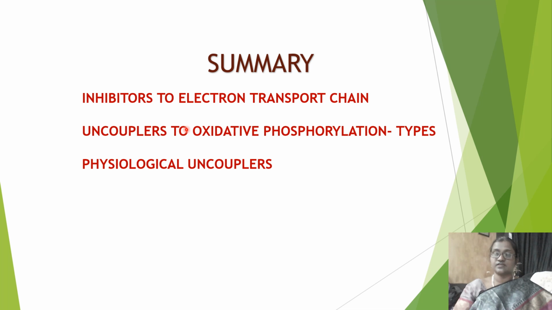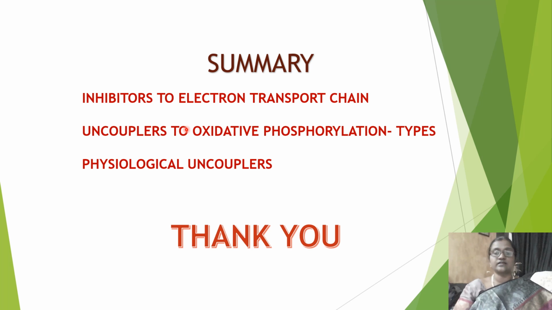We have some uncouplers as well as physiological uncouplers that we have seen. DNP is the uncoupler which all of us know. Then the physiological uncouplers are found in hibernating animals or animals which live in cold places. The best example is thermogenin. And then we also have studied ionophores and antibiotics like valinomycin and nigericin.